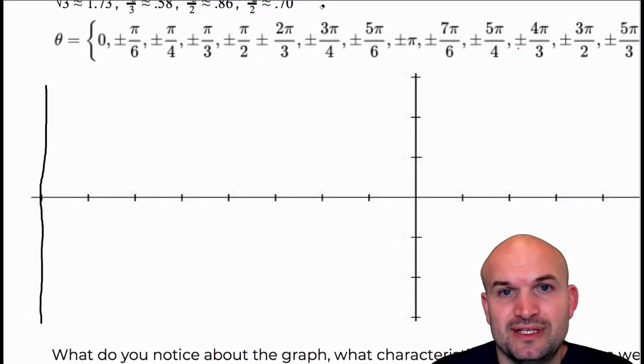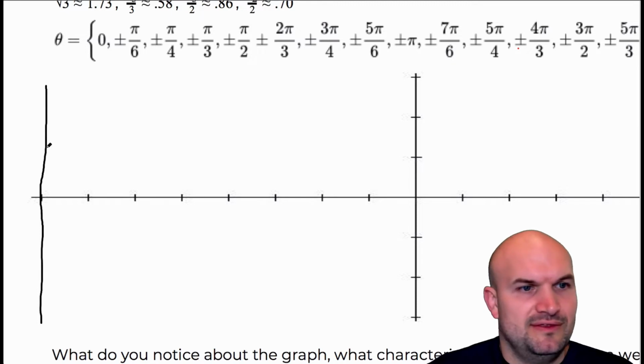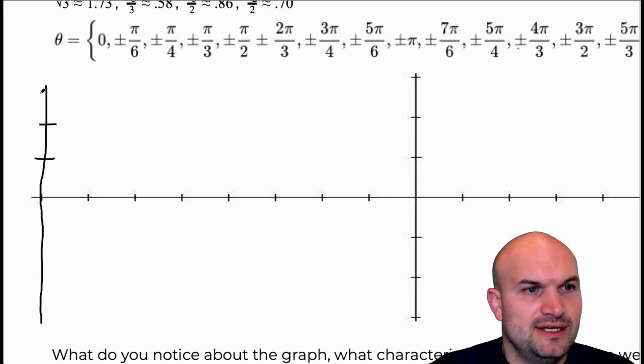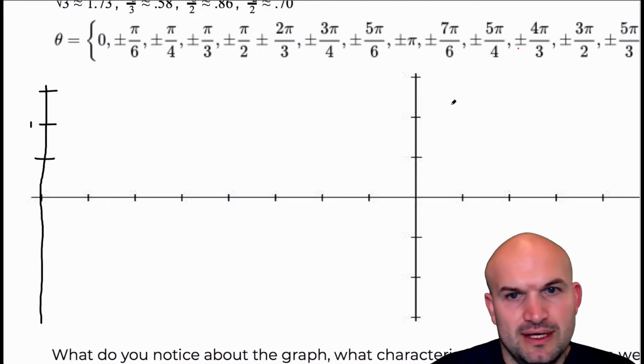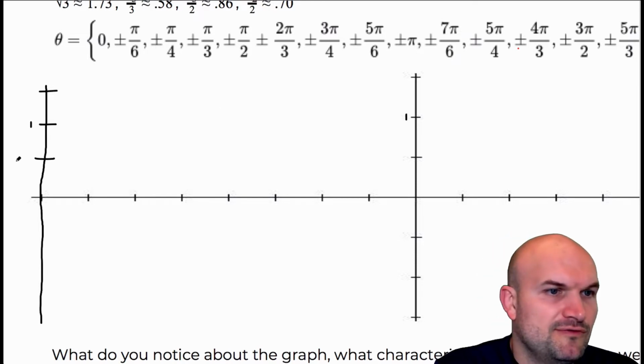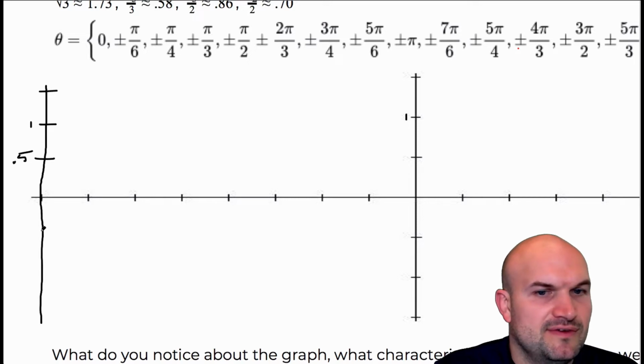Let's call this 1, so that would be 1 there. Then therefore this is going to be 0.5, so we'll go down 1, 2. So this would be a negative 0.5, and this would be a 1.